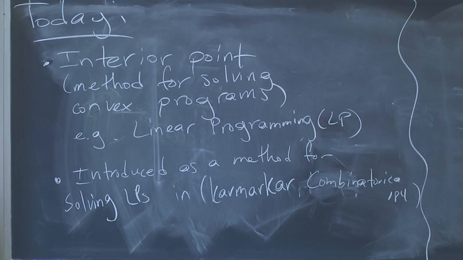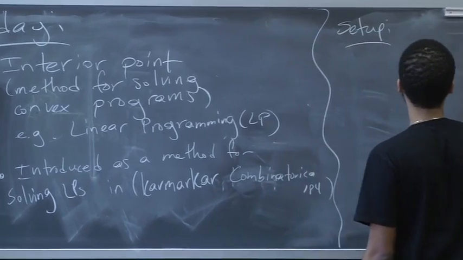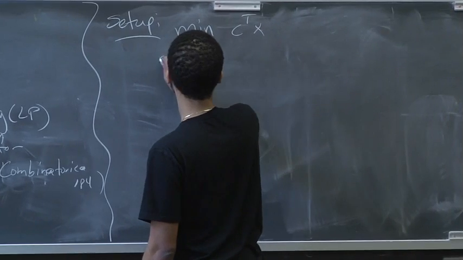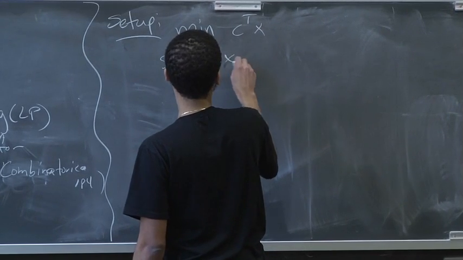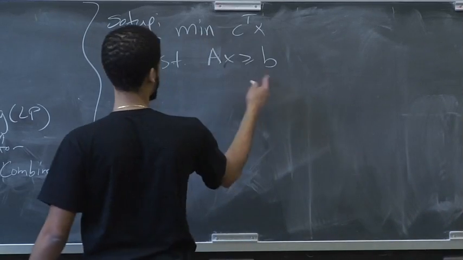And I said some very vague things last time. So let me just remind you of the vague outline. Our setup is we want to minimize c transpose x subject to Ax is at least b, where this is coordinate-wise.